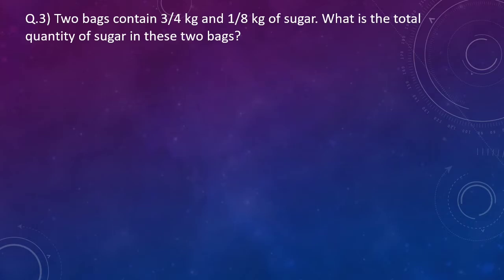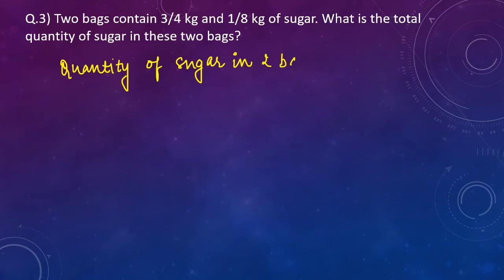Next question is, two bags contain 3 by 4 kg and 1 by 8 kg of sugar. What is the total quantity of sugar in these two bags? So firstly, what is given to us is quantity of sugar in two bags.